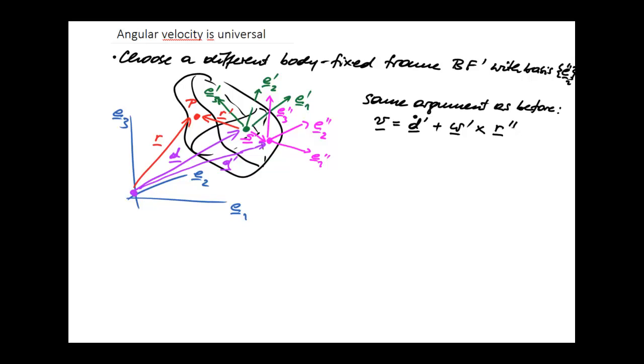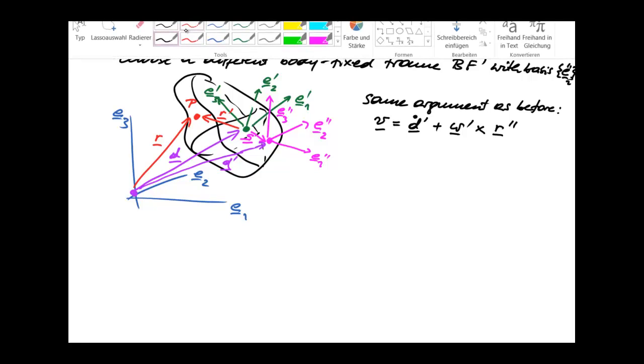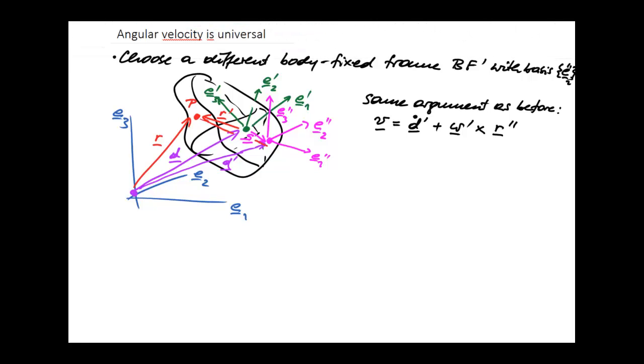Yeah, that is something that I have not denoted yet. The position vector of the point P in the alternative body fixed frame is now r double prime. Now let me see if I can still fit it in here. So this red vector here, this is r double primed.